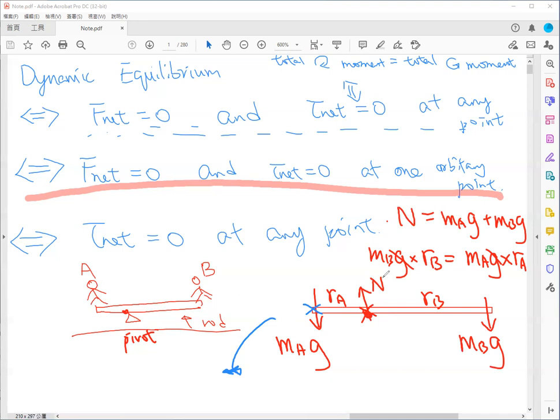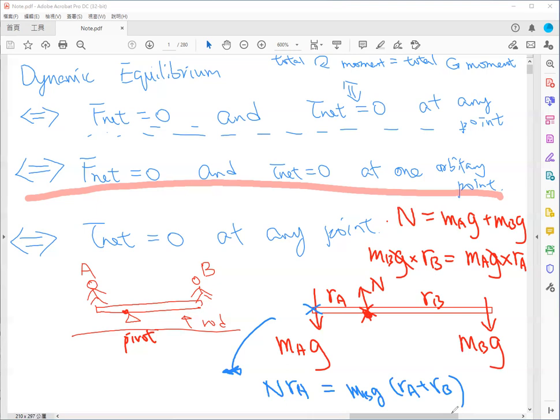And then the big N is an anti-clockwise moment, so N times RA. Then that equals the clockwise moment provided by the force MBG. But the distance here is RA plus RB because it's the distance from the force MBG to the point.